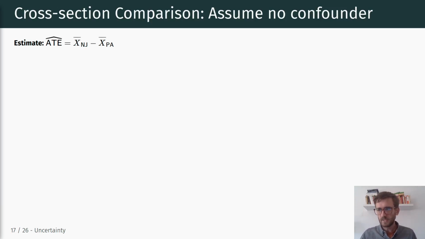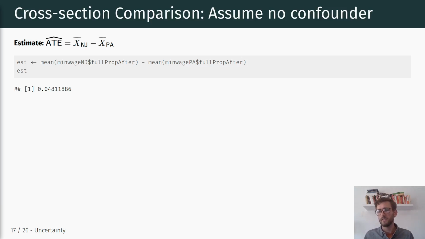Okay, so again, we can directly compute this estimate as the difference in the averages of the full employment rate, and that's 0.048. So based on this cross-section comparison, the minimum wage increase actually increased full-time employment.